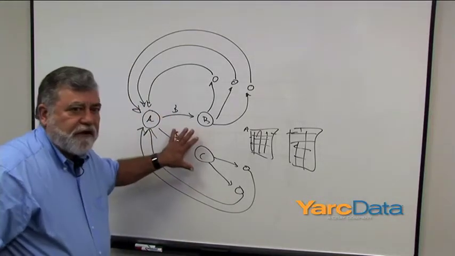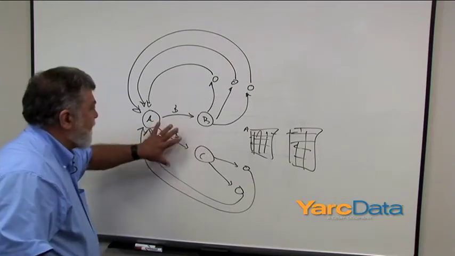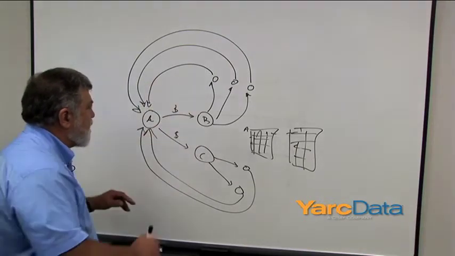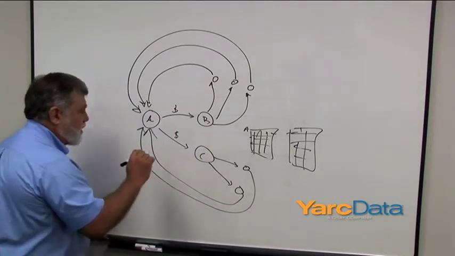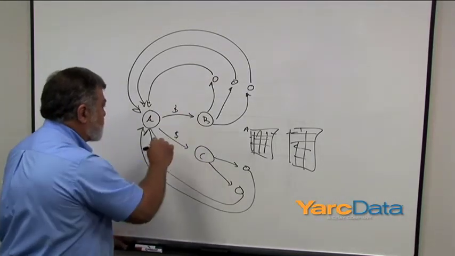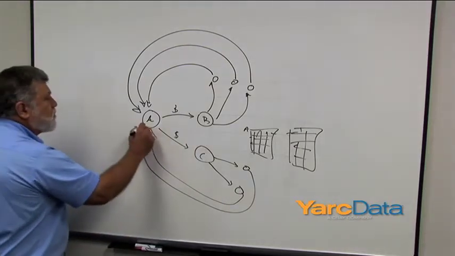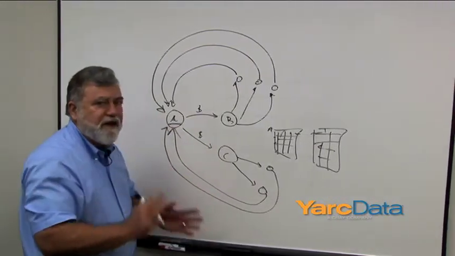In a graph-oriented database, we actually represent the data as something equivalent to these little circles and arrows. You think of the circles as representing some noun.